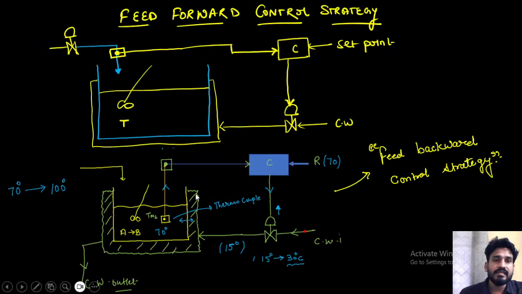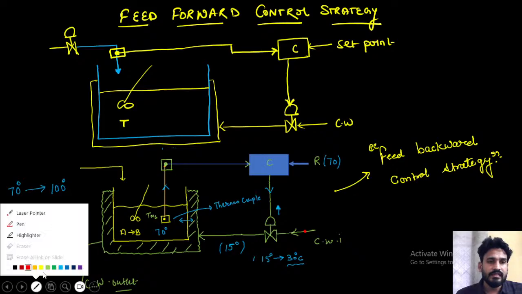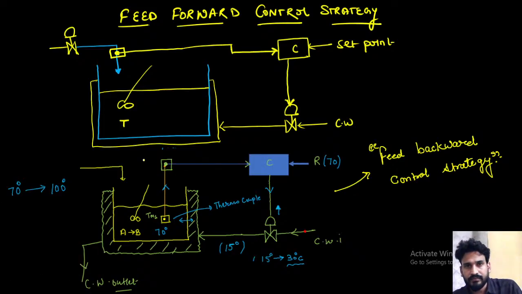The discussion was that this is an advanced control strategy in which feed forward means that the measurement is done on the input stream, because if any disturbance comes, it will come through the input stream.